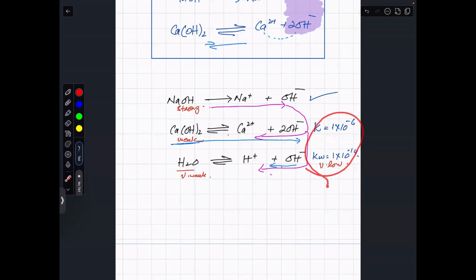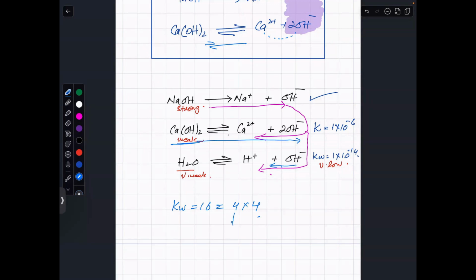They will change when the temperature changes. You know, suppose Kw is 16. Now 16 is equal to, suppose, 4 into 4.